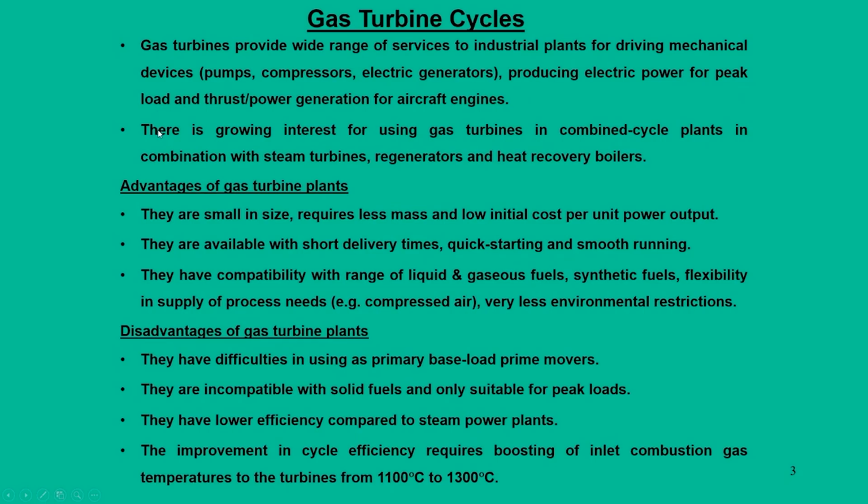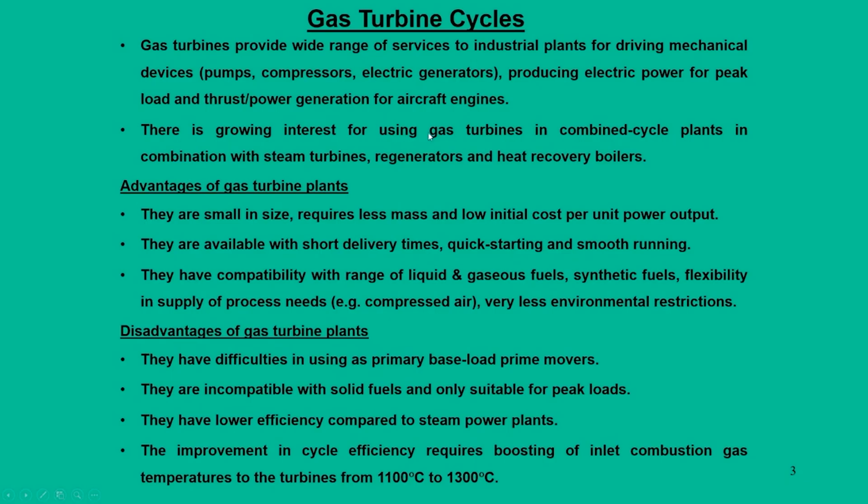Normally, whenever the steam power fails, additional power can be supplied through gas turbines, and that enhances the peak load capability. Another application that steam power plants do not have is thrust generation. All aircraft engines are powered by gas turbine technology, mainly for thrust generation.